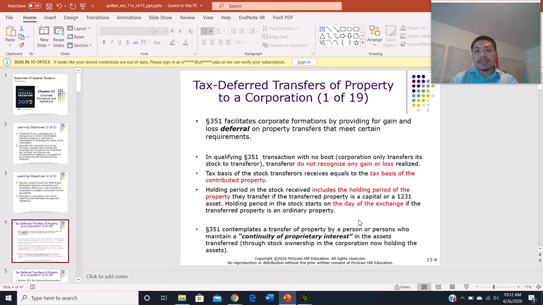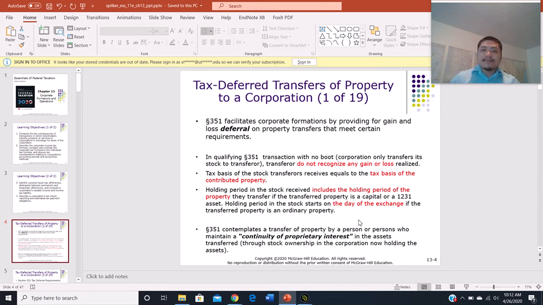It can be their personal properties, and they want to be a shareholder of the corporation, so they contribute their assets or cash in exchange for a certain amount of shares from the corporation. Usually when people do such exchanges, they have to recognize gains and losses.